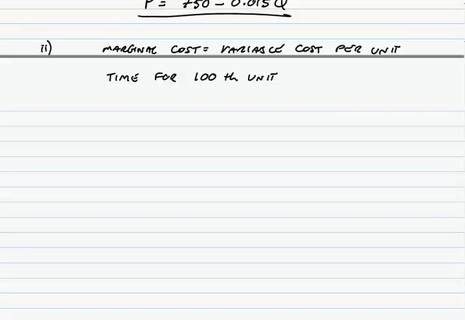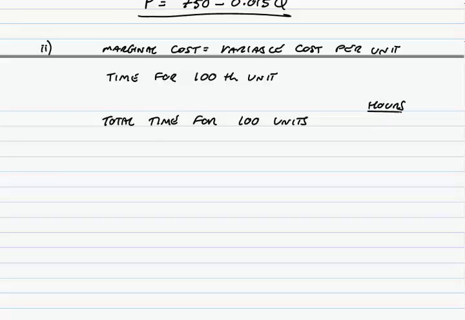It's learning curves. We've got the formula on the formula sheet. And they've given us the value of b, minus 0.074005. So, again, it should be standard. If ever you need to know the time for any one particular unit, we can't do it directly. We can find the total time for 100 units.